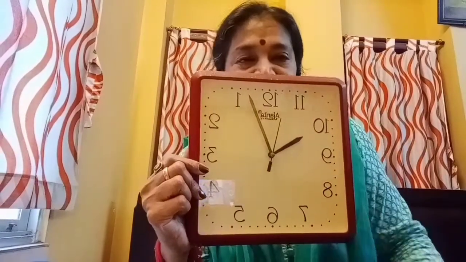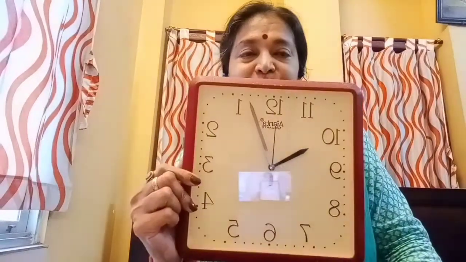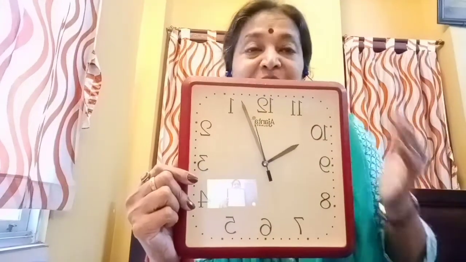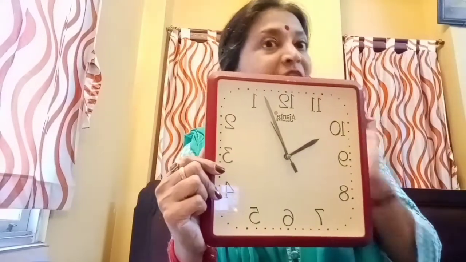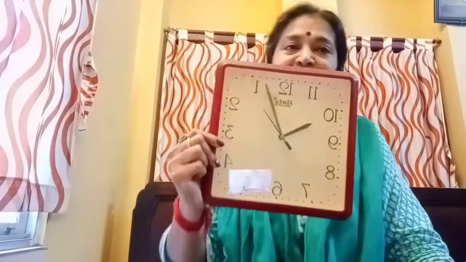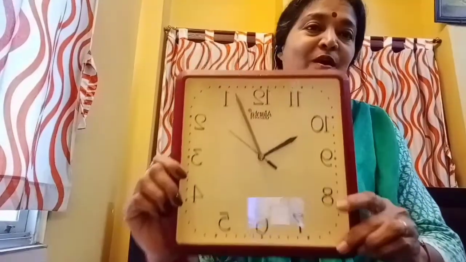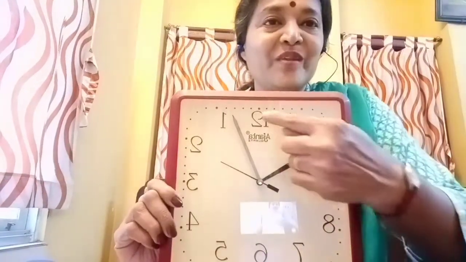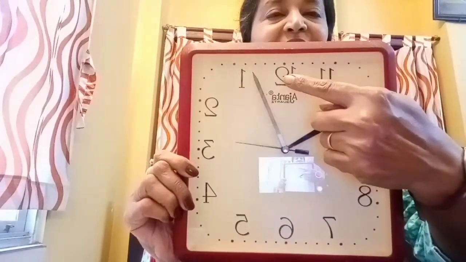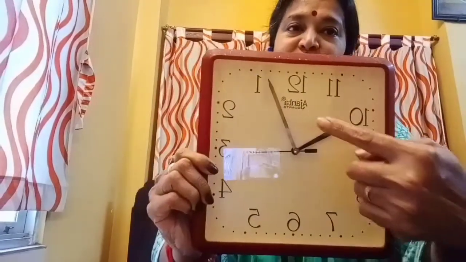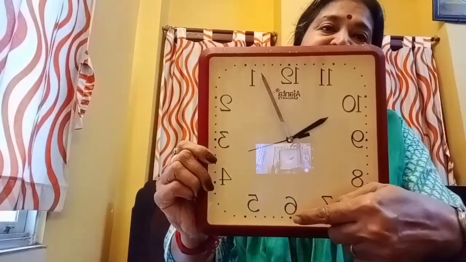Apart from these digits, we have something else also. Before going to that part, we will talk something about the digits. There is some speciality in this. I am showing you. You can see this 12, and which digit is just opposite to 12? That is the 6.